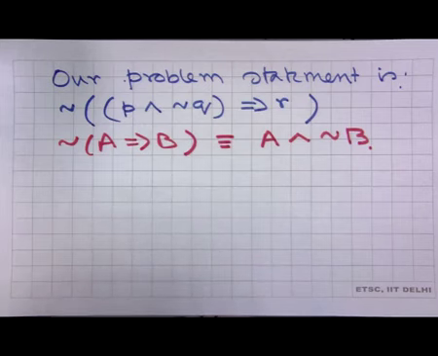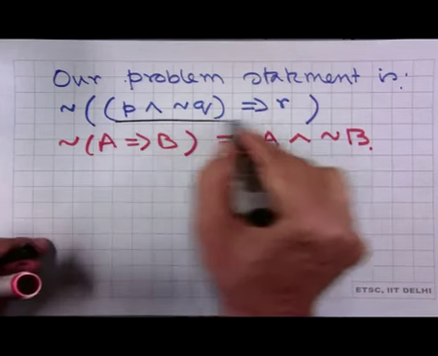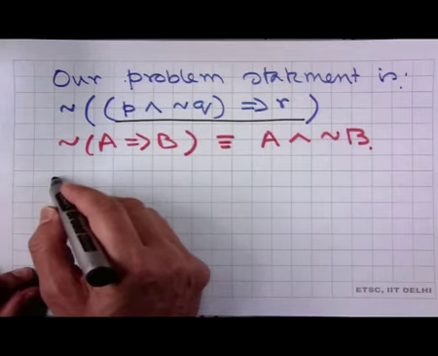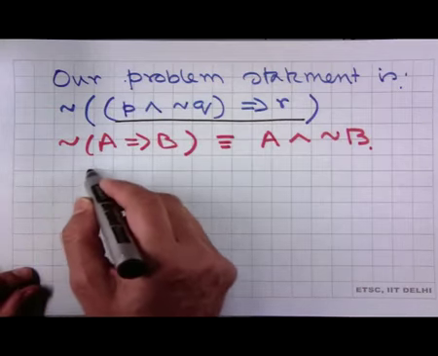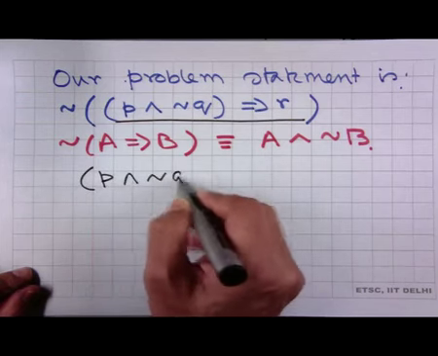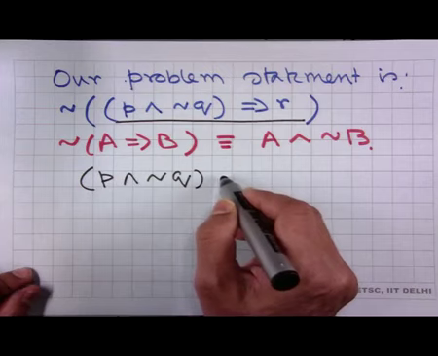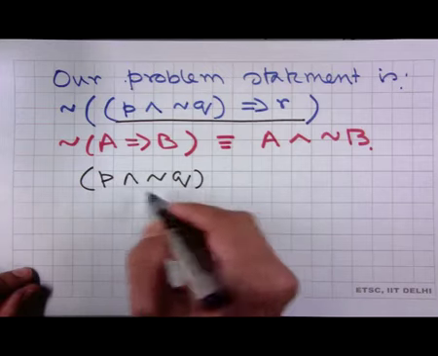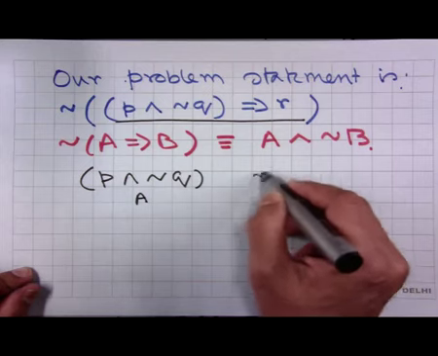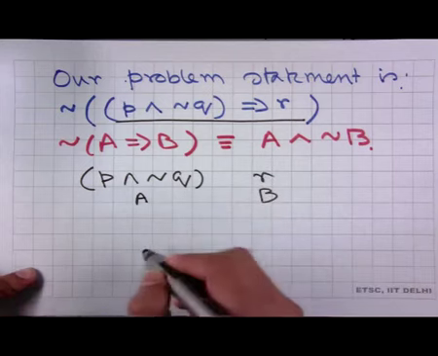We have negation of A implies B. Therefore, we can write it as P and not Q, which we can call it as A, and R, which we call it as B.